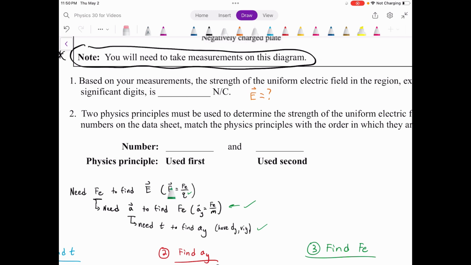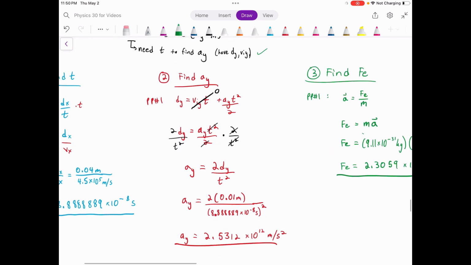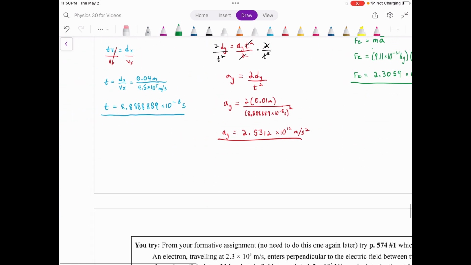Because the electric field is just the force divided by the charge, right? How many newtons of force will a charge feel per coulomb of charge that it has? Well, we know how many coulombs of charge an electron has. It's on the back of our formula sheet. So we're at the final stage of our plan here. We are going to now find the electric field, which is what we need to answer this question.